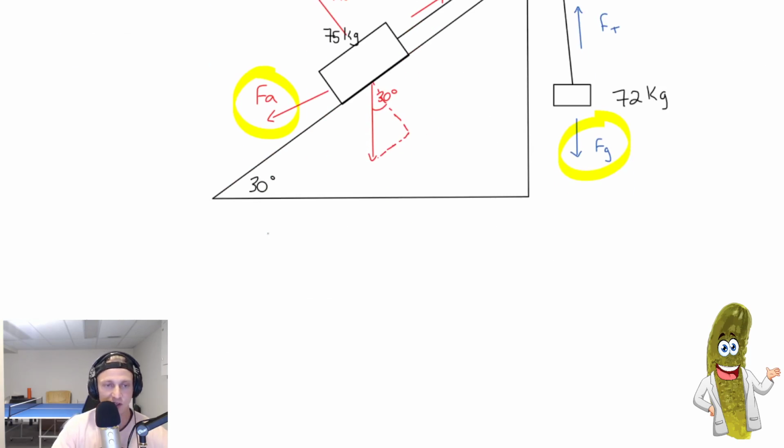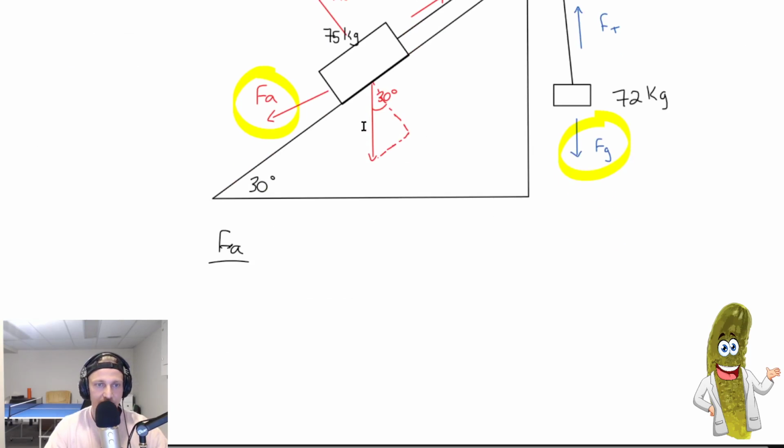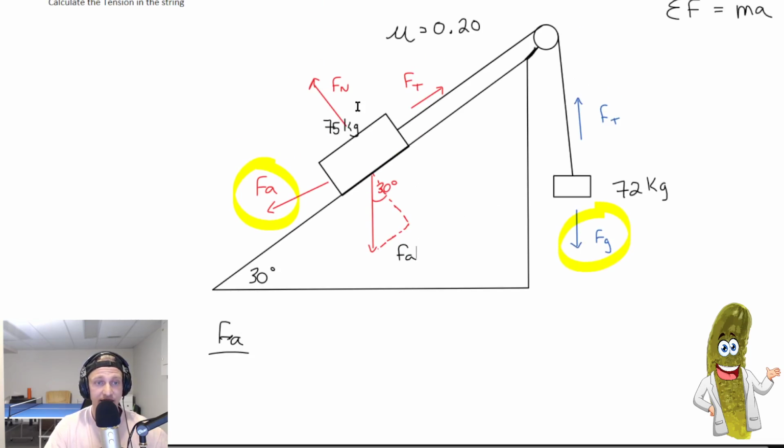So the first thing we're going to do is solve for the applied force, F of A. The only reason this block would ever want to fall is because of gravity. We're trying to see if the mass of this block is heavy enough to pull it down the ramp and pull the other block up, or if the other block is so heavy that it's going to pull this down and also pull this entire object up as well.